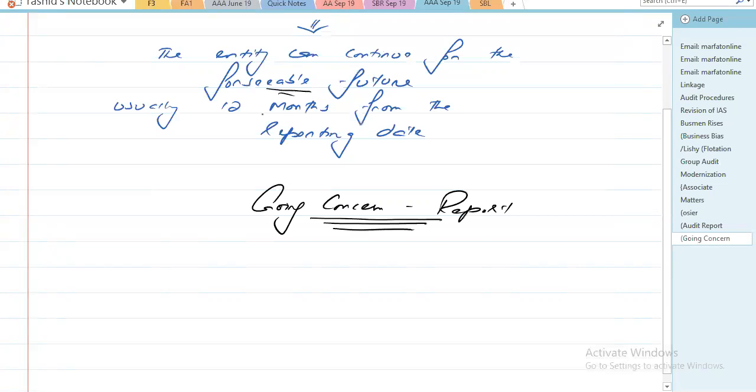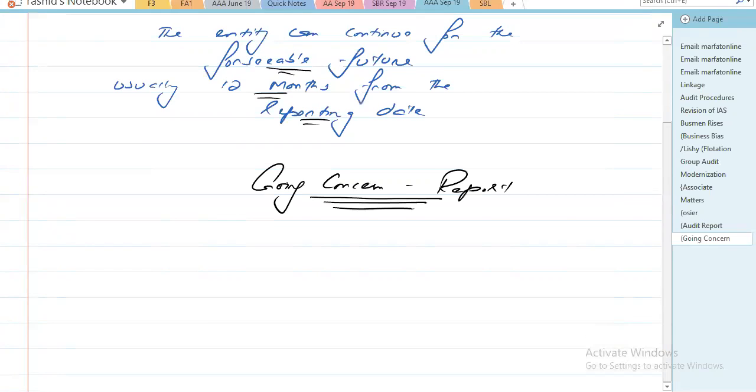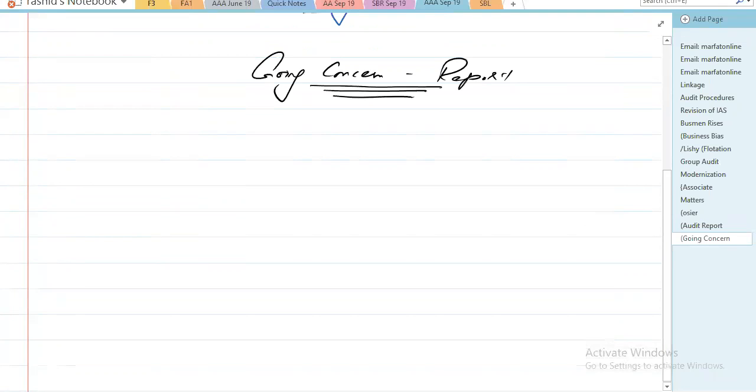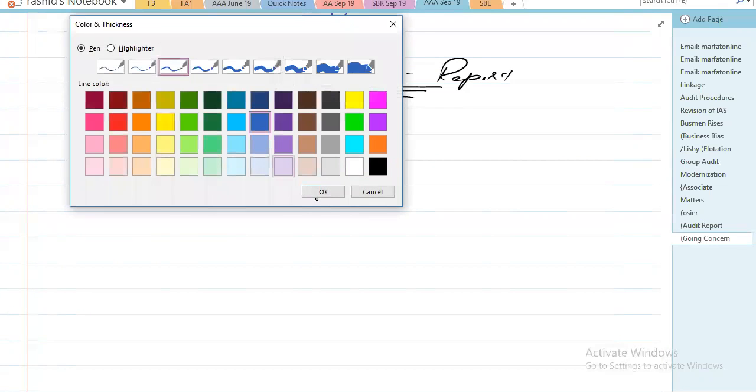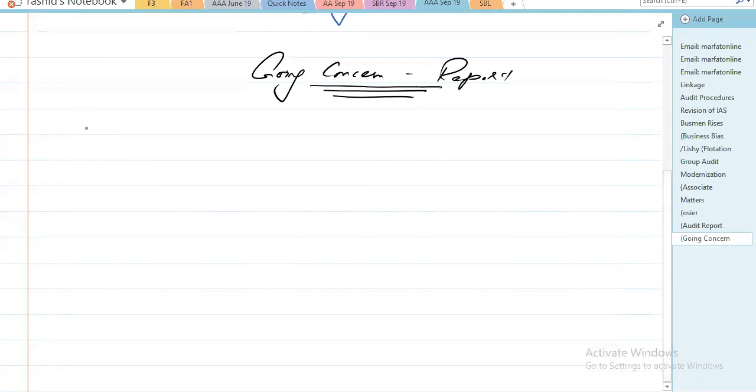Obviously their assumptions need to be tested, whether they can actually continue for the foreseeable future. There are four possibilities, or four things you need to discuss. The first thing is the entity is a going concern. That means they can continue for the foreseeable future.